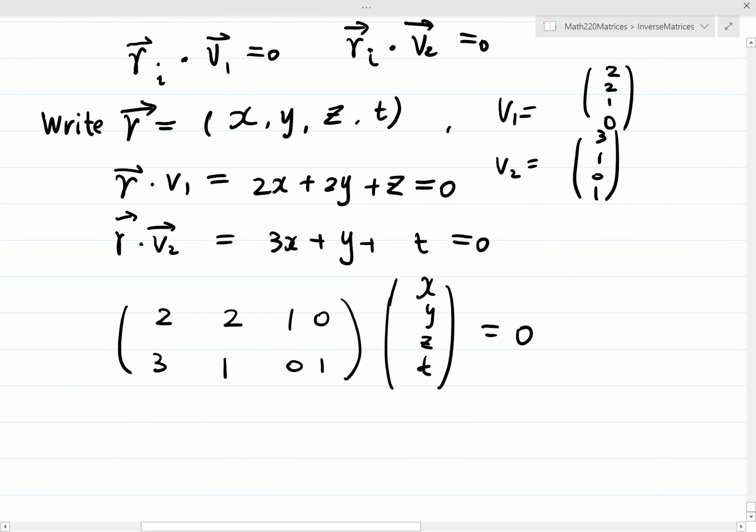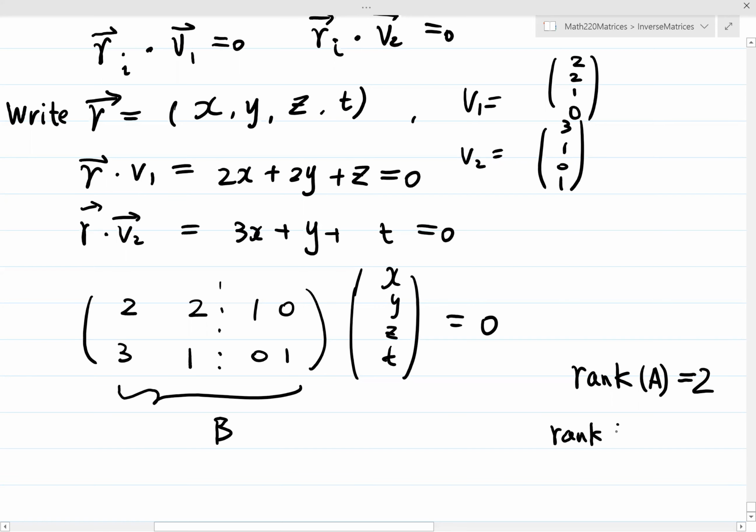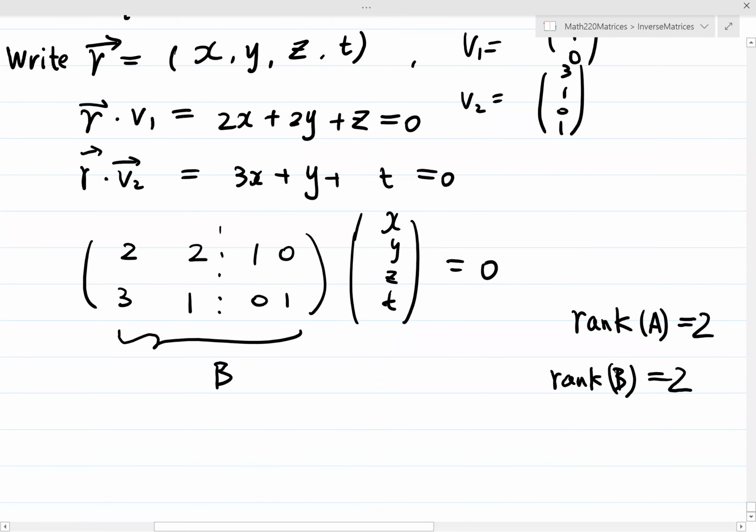So here A has rank 2, and this matrix B also has rank 2. Then the solution space, the null space, has dimension 2, because there are 4 columns.